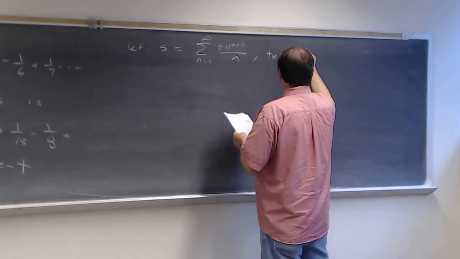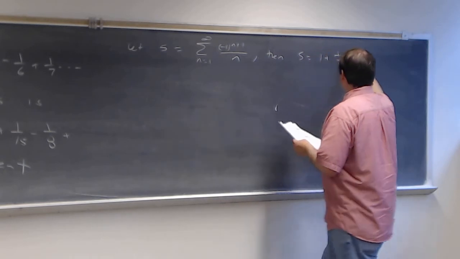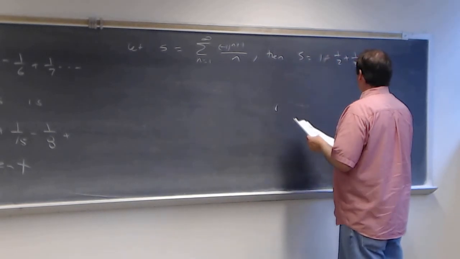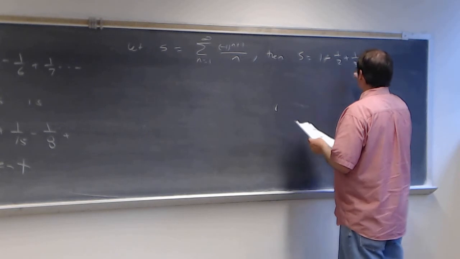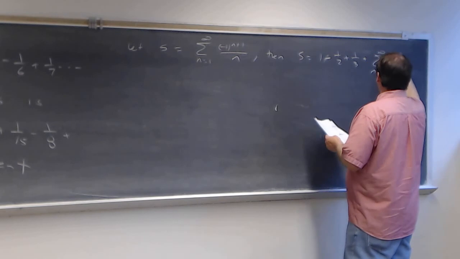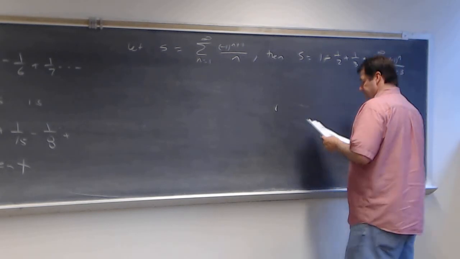Then S is equal to 1 plus 1/2 minus 1/2 plus 1/3 plus the sum as n runs from 1 to infinity of (-1)^n all over n plus 3.